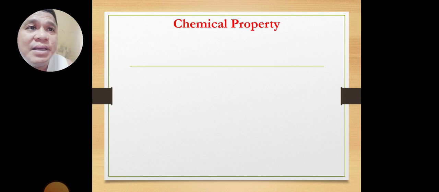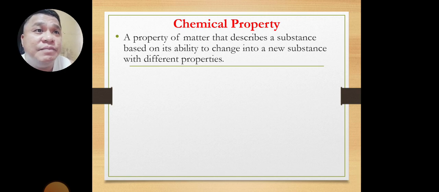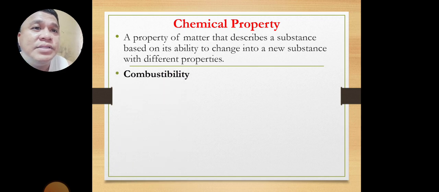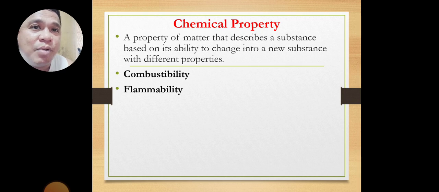Well, for the chemical property, it is the property of matter that describes a substance based on its ability to change into a new substance with different properties. Okay, so the criteria for chemical property are combustibility, and when there is combustion, automatically it is a chemical property, flammability, and reactivity.